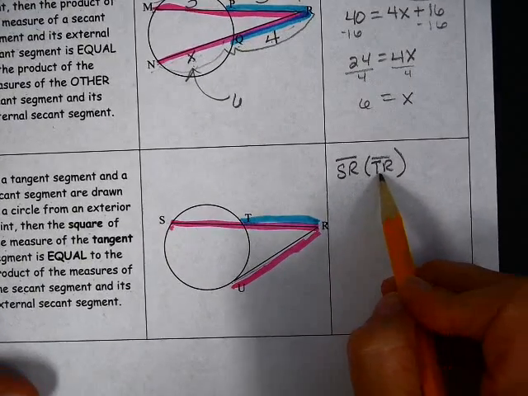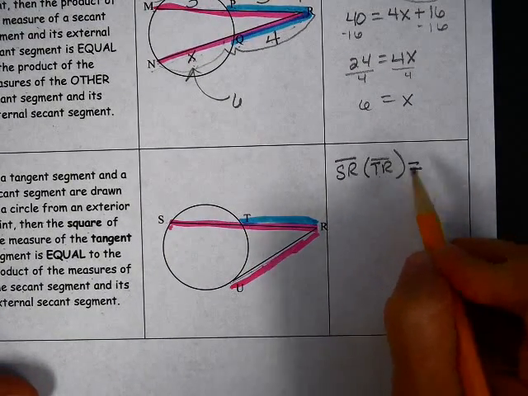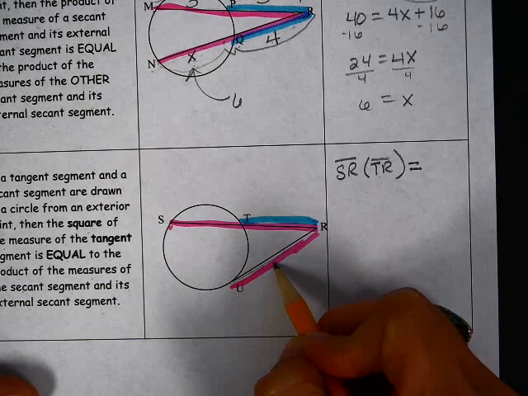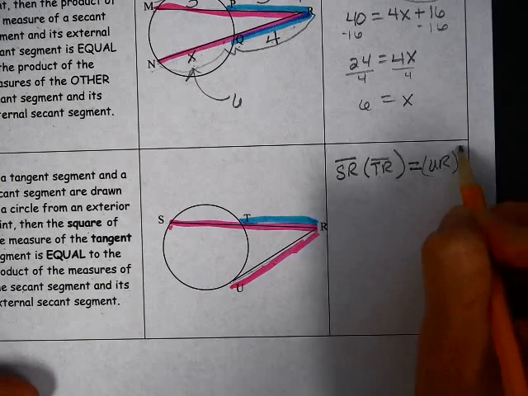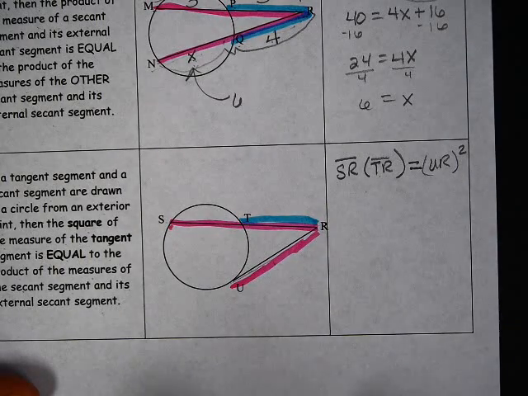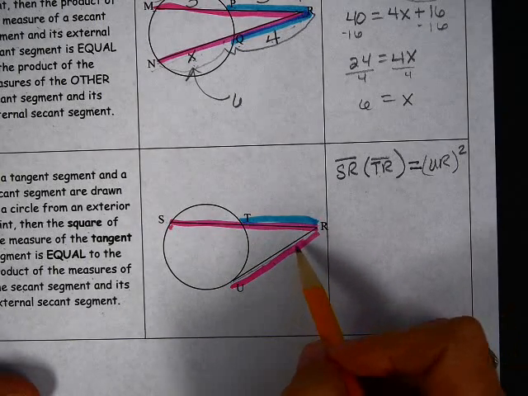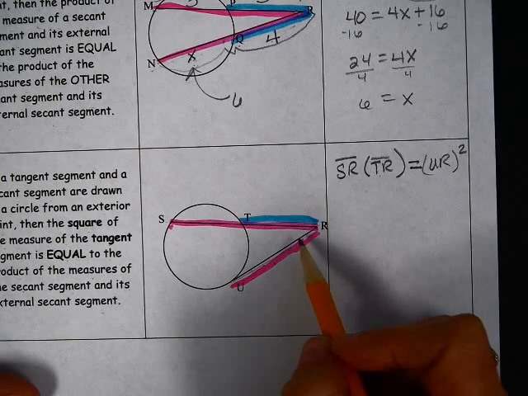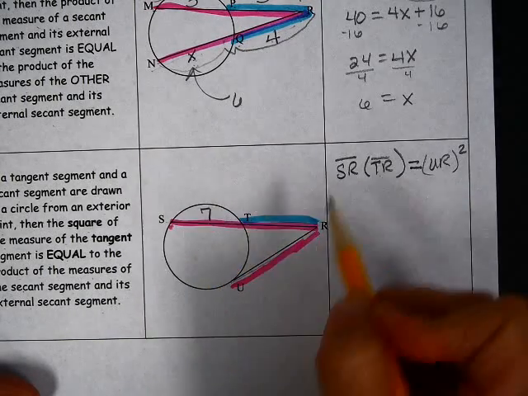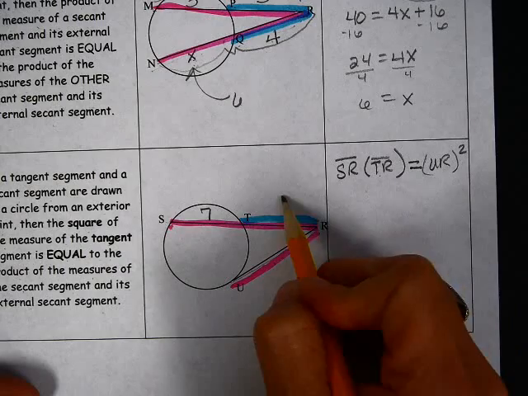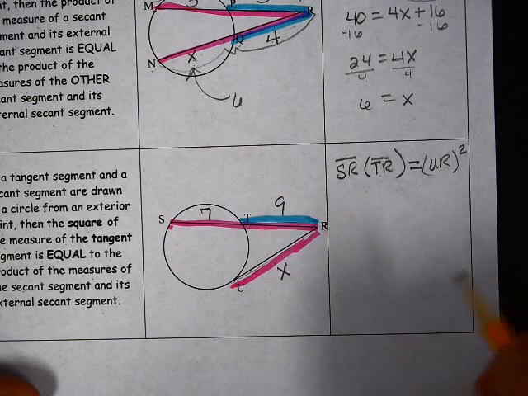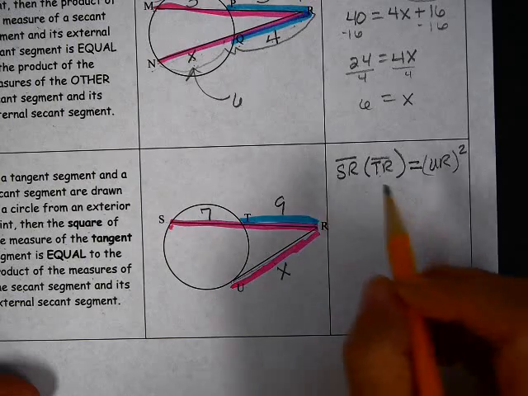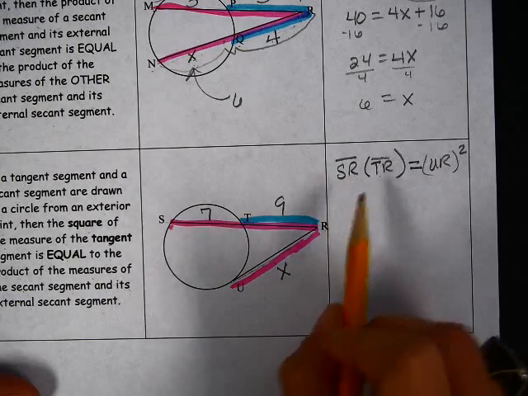We're doing the same thing here, but since it's equal to a tangent, we're taking the tangent and we're squaring it. Now, let's say that ST is equal to 7, TR is equal to 9, and UR is X. That's our unknown.